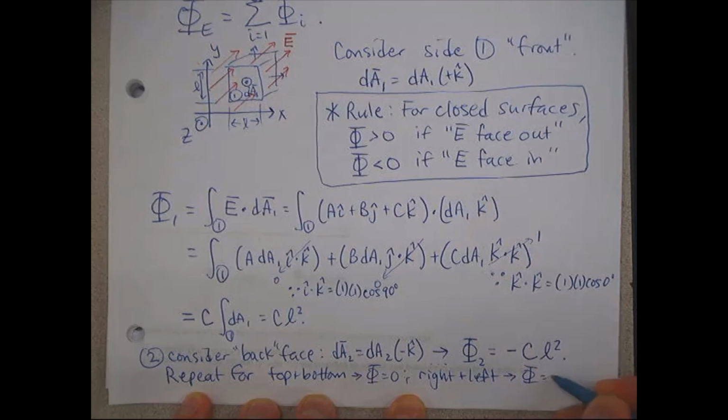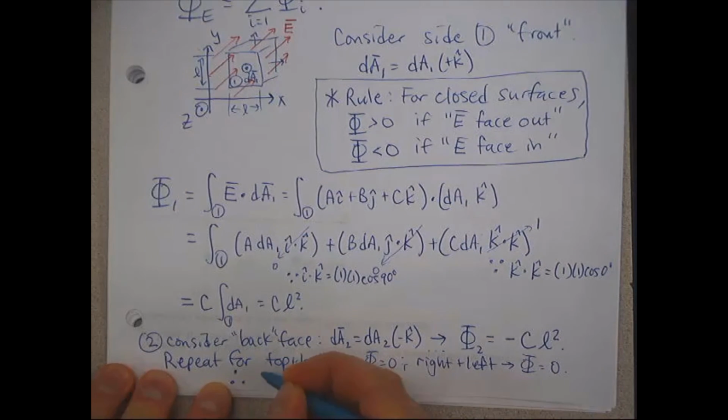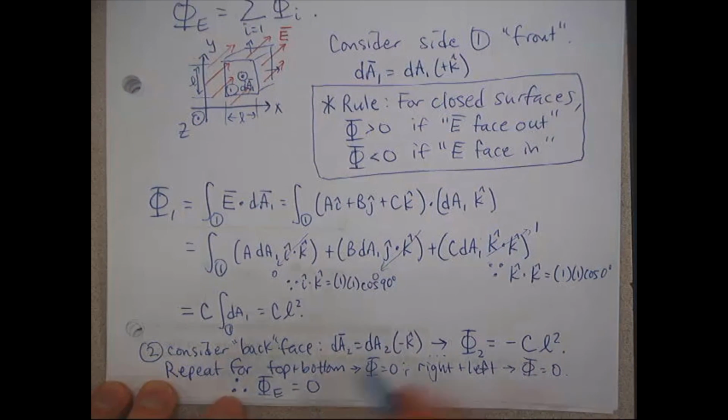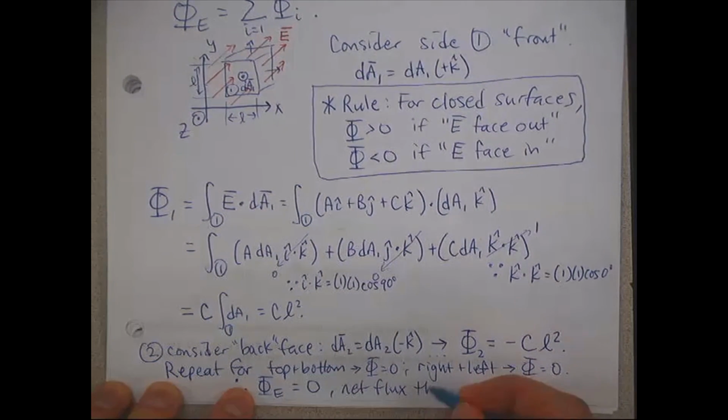Those fluxes will also add to 0. So we have a result that you should try to prove, that the net flux through the entire cube is 0.